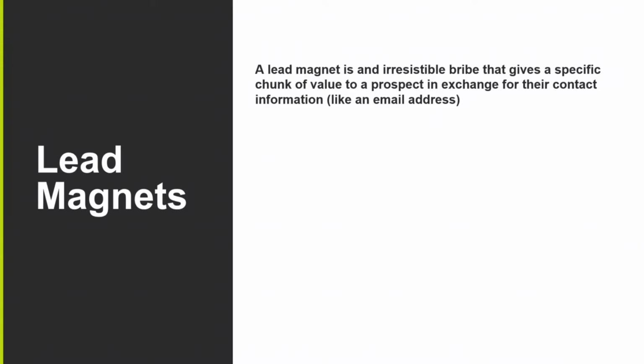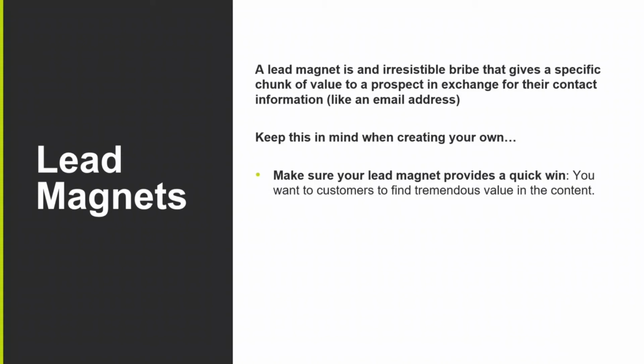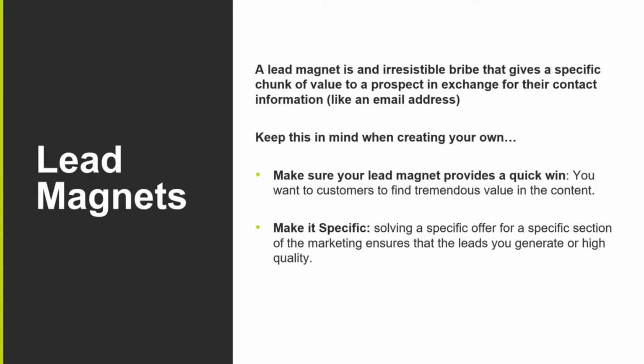So it's an irresistible bribe that gives a specific chunk of value to a prospect in exchange for their contact information. When you are creating your lead magnet and your value upfront content, make sure that it provides a quick win, and you want to provide a lot of value to your prospect. You want to make it specific so that it solves a problem, usually a problem related to your core offer.